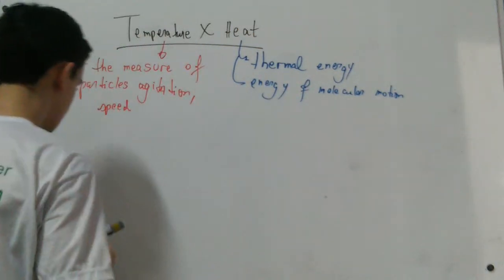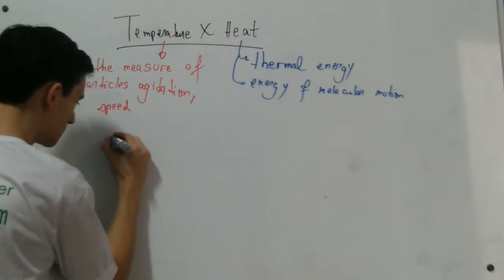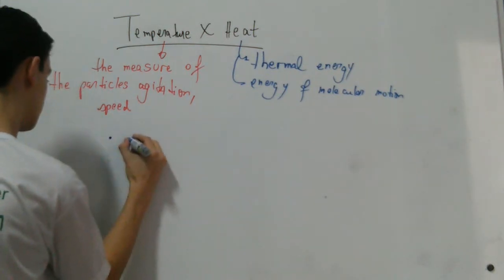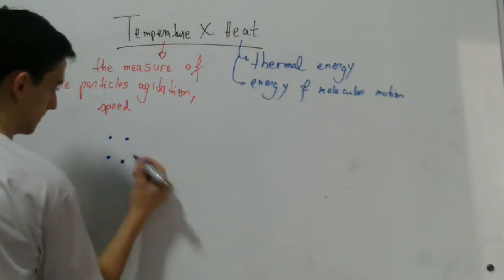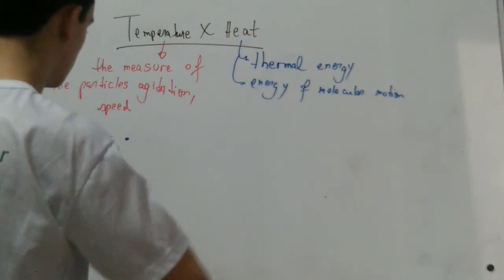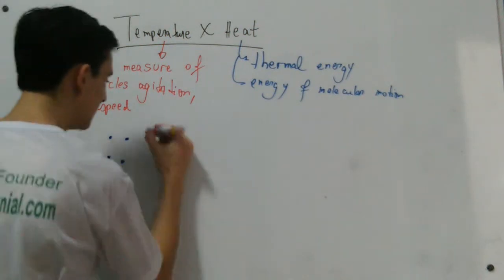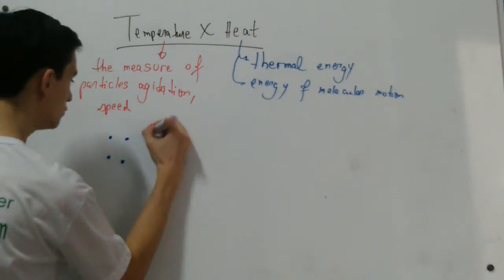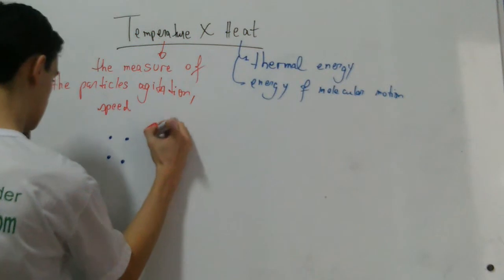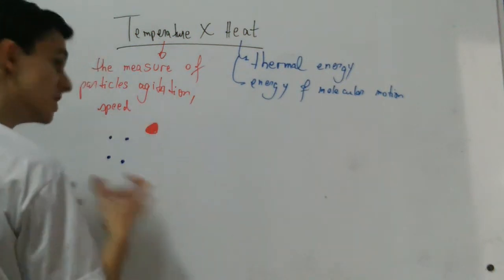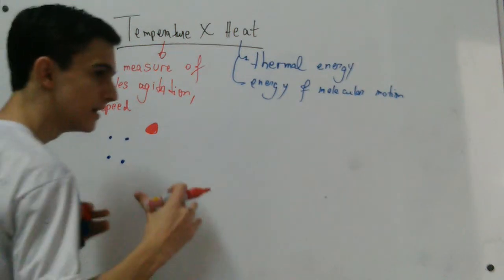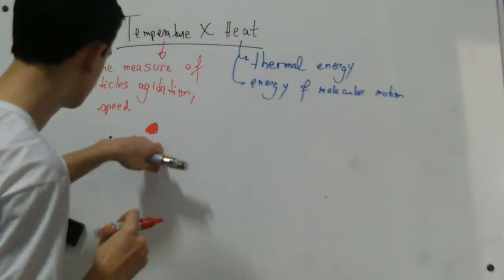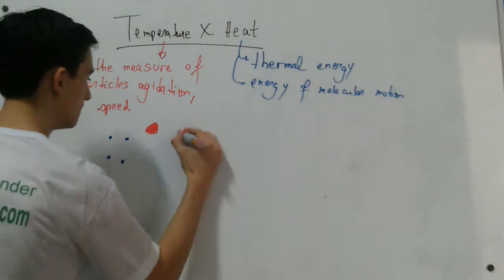So imagine we have an object of low temperature and we have another object of higher temperature. I'm going to draw the particles of the second object bigger just to represent that the temperature is higher.